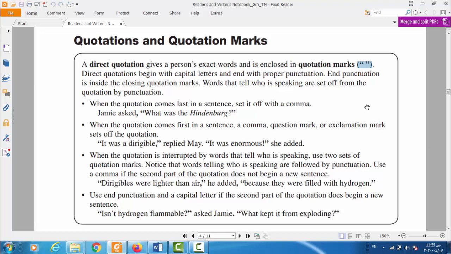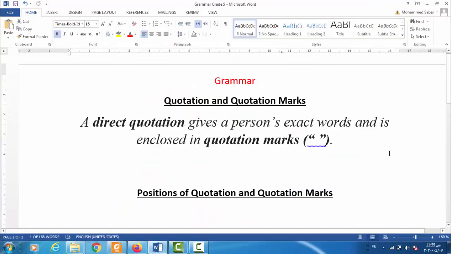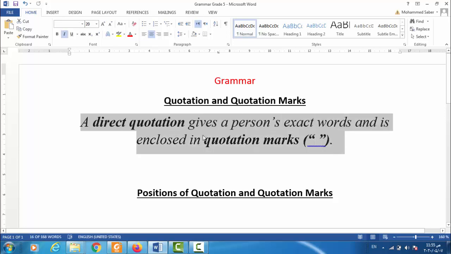Guys, first we have to know what the quotation marks are and why we use quotations in English. Have a big look at this worksheet. In the grammar here, you have to know that the direct quotation gives a person's exact words.